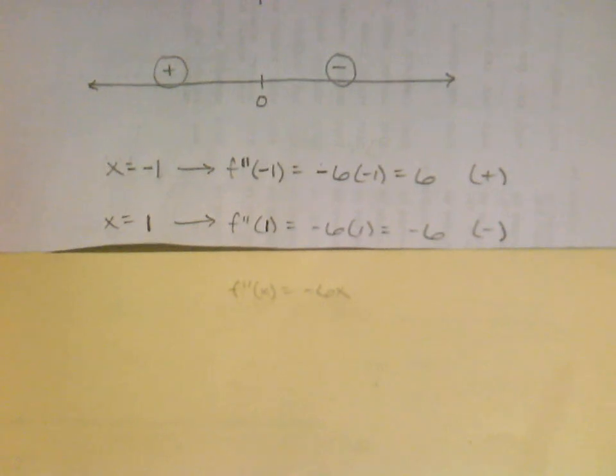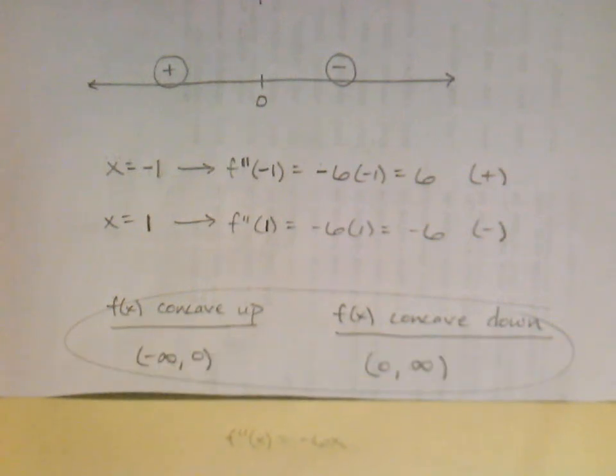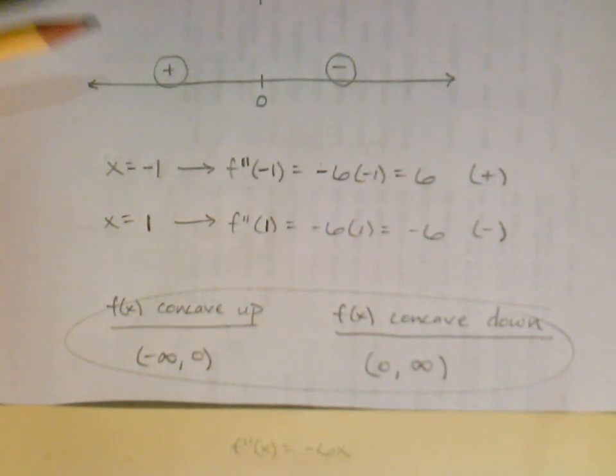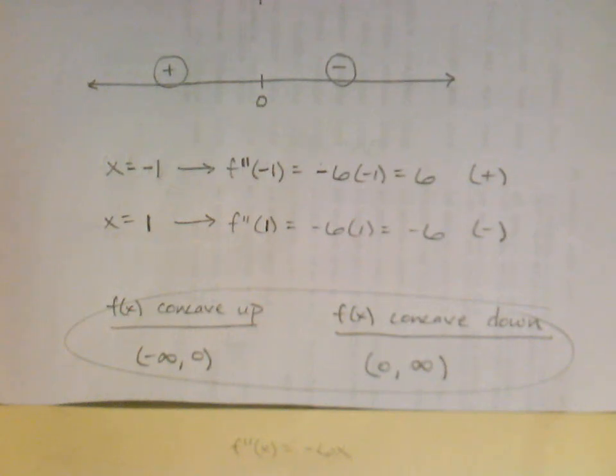And with that, I'm able to answer the first part of the question, where is it concave up and concave down? This function f of x will be concave up where I get the plus sign, concave down where I've got the minus sign. So concave up from negative infinity to 0, concave down from 0 to infinity.